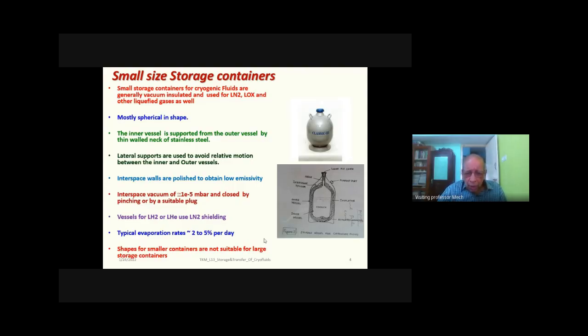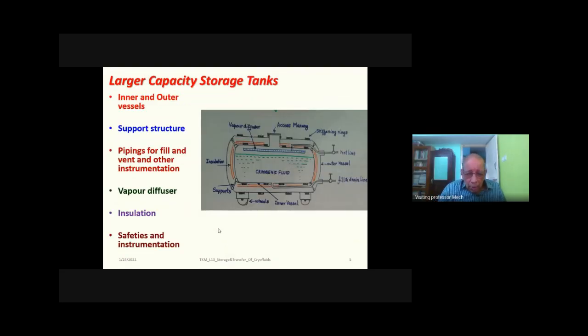But the shapes of smaller containers are certainly not suitable for large storage containers because you cannot make it into the so-called spherical shape. You have to modify the shape such that it becomes a cylinder with dished ends on either side. So when you come to larger storage tanks, you can see the picture and it gives you an idea of how the storage tank looks, the internal structure.